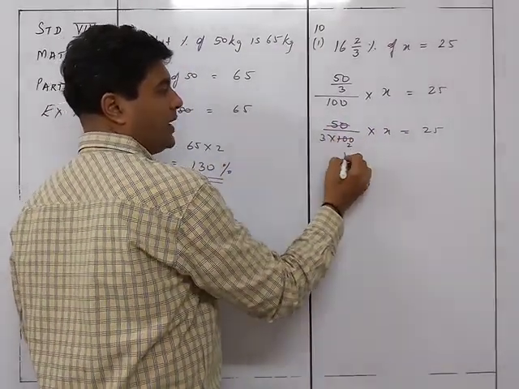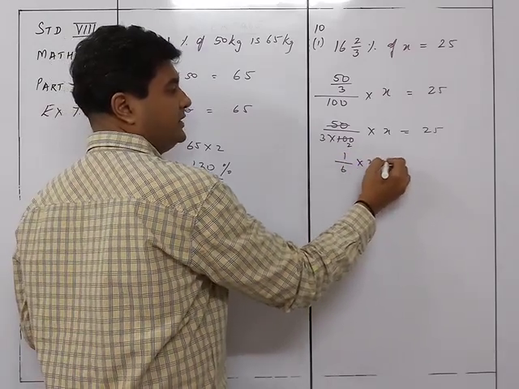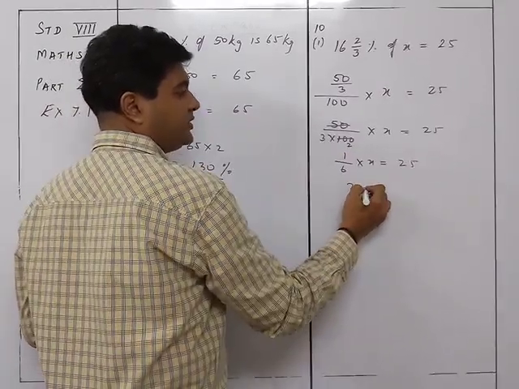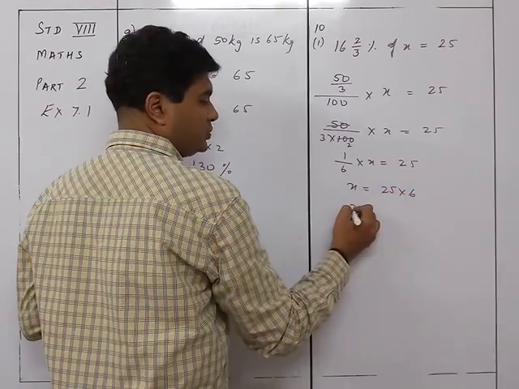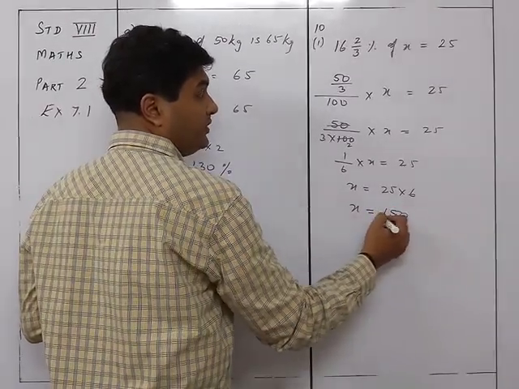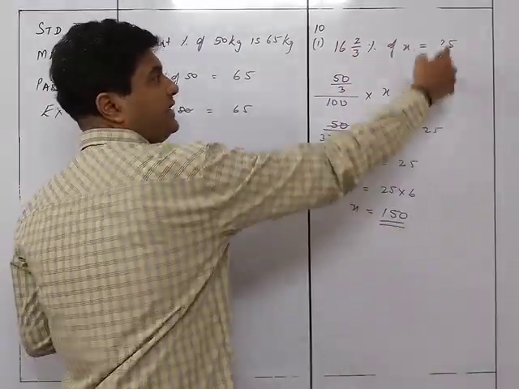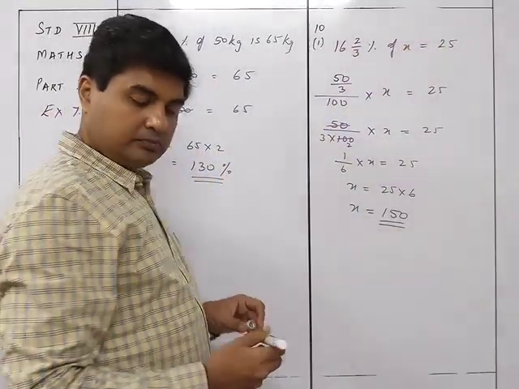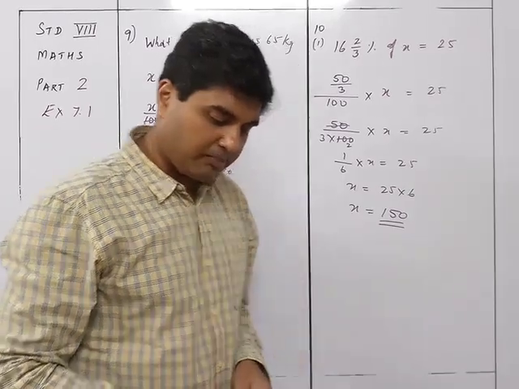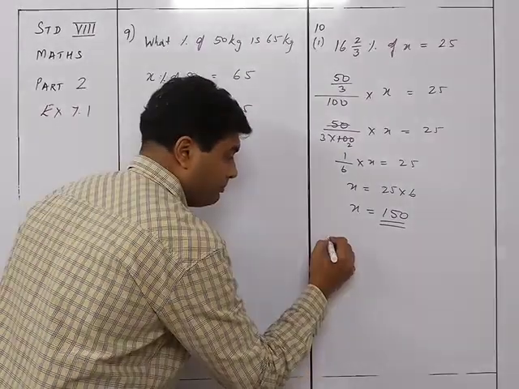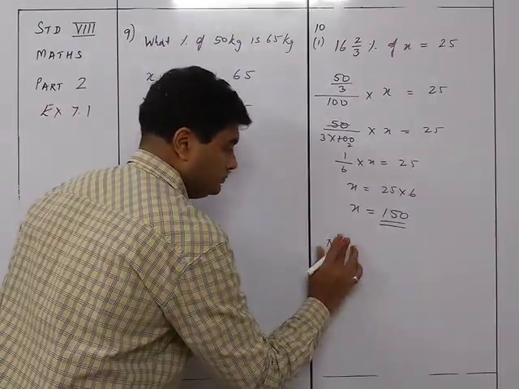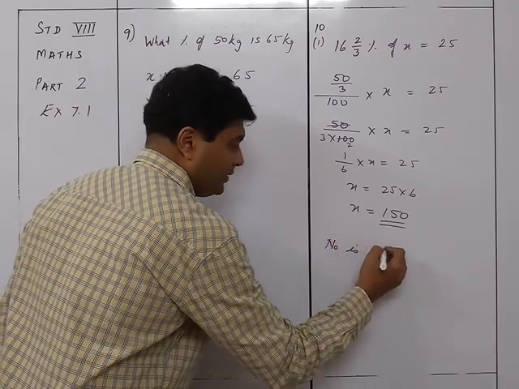So this is nothing but 1 upon 6 into x is equal to 25. So x is equal to 25 into 6. So x is equal to 150. So 16 upon 3% of 150 is 25. Okay, so the number we can directly write over here. The number is 150.